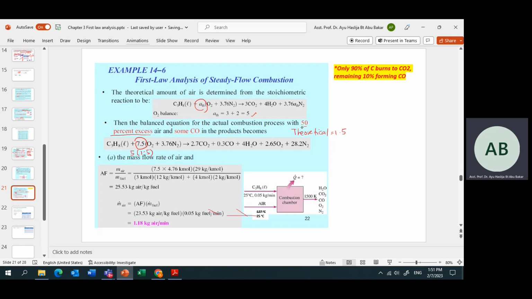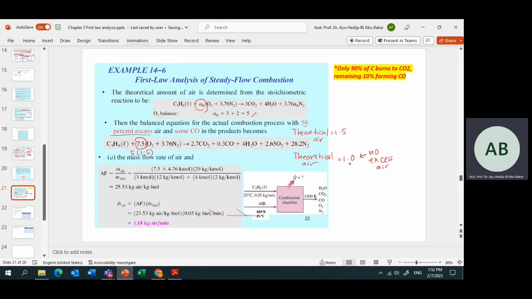Again, I repeat, 50% excess air, so theoretical air is 1.5. If no excess air, theoretical air would be only 1. Theoretical air 1 means that there is no excess air.